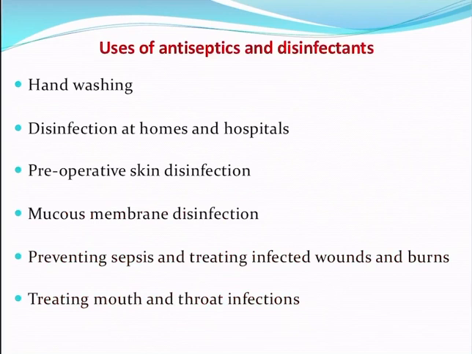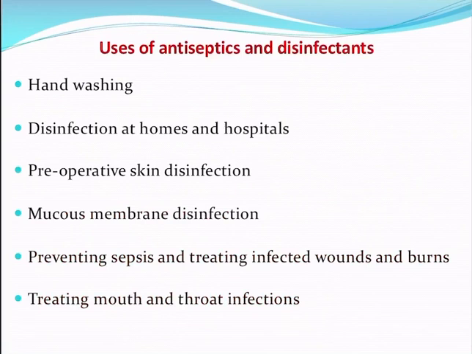The first use is hand washing. Chlorhexidine gluconate and povidone iodine solutions are often used in hand scrubs and hand rubs in hospital settings. Next, the second one is disinfection at homes and hospitals.